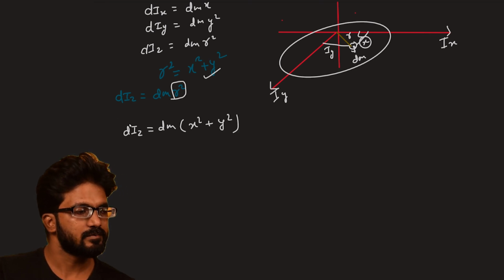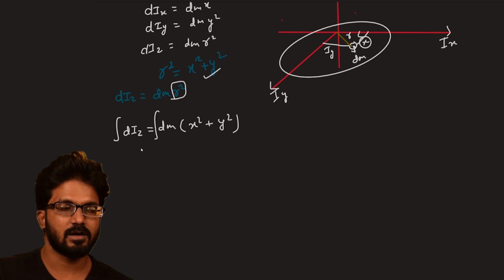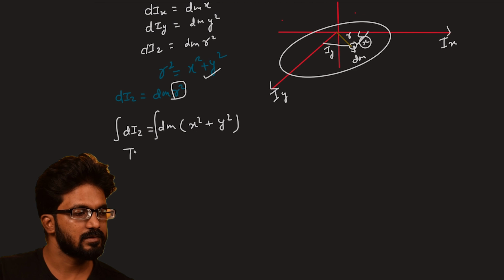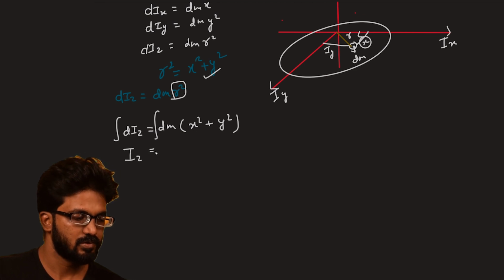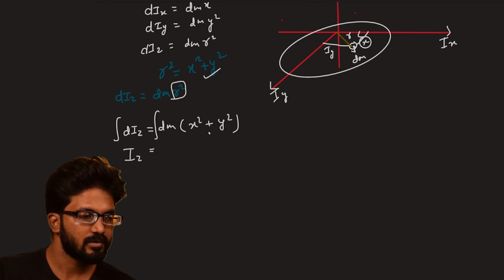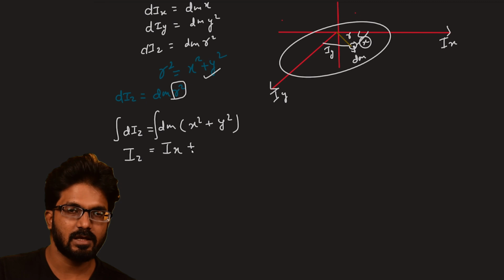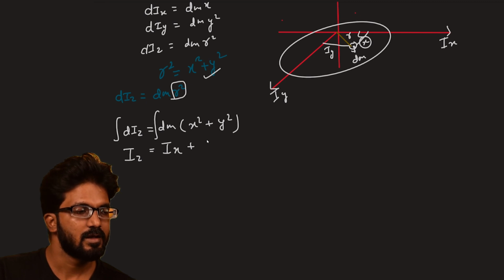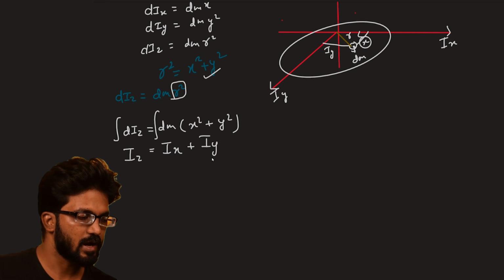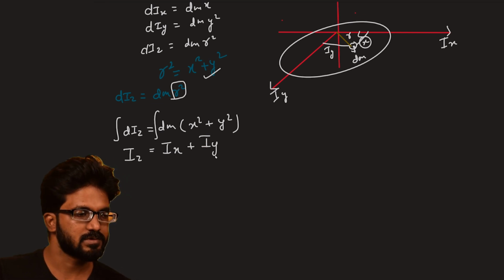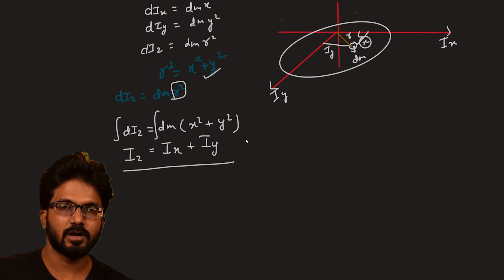Now we integrate it to get the total value over the whole mass. So on the left-hand side and right-hand side, we get Iz = ∫dm x², which is nothing but Ix, plus ∫dm y², which yields Iy. So Iz = Ix + Iy. We can represent it this way, and thus we have proved that the perpendicular axis theorem is verified.